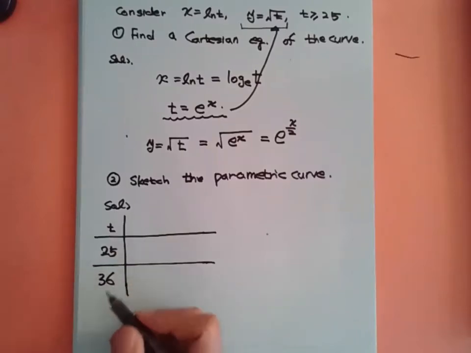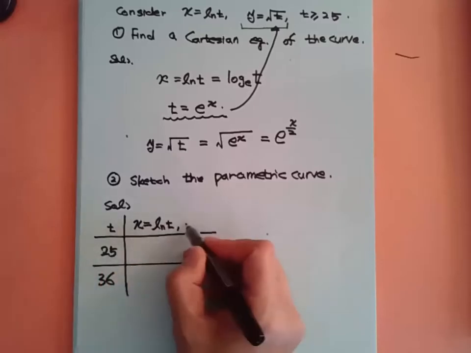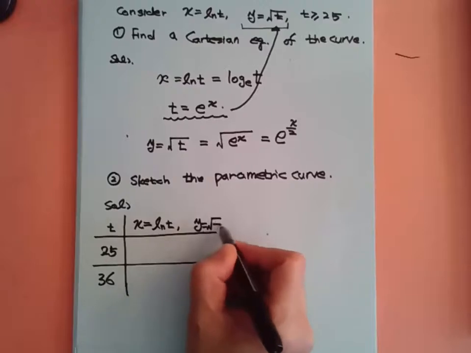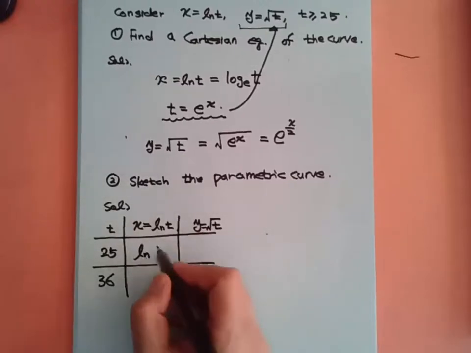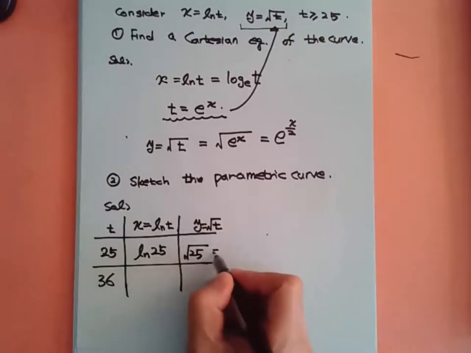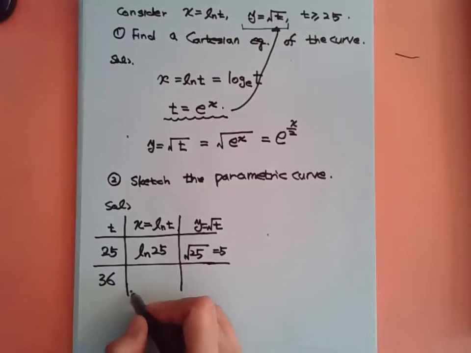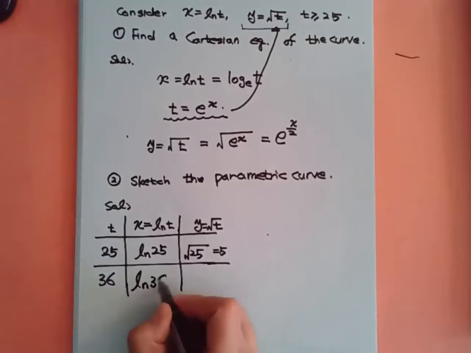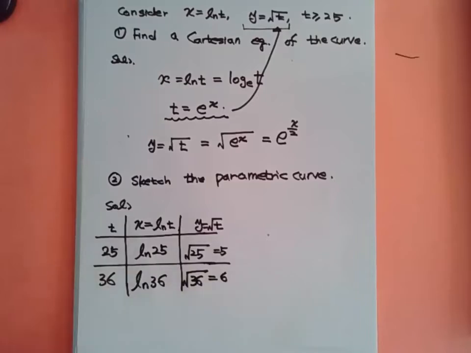And x is defined as natural log of t, and y is defined as square root of t. Let's calculate. When we plug in 25, the first one is natural log of 25. The next one is square root of 25, which is 5. And the next one is 36, and so that is natural log of 36. And so square root of 36 equals 6, right?